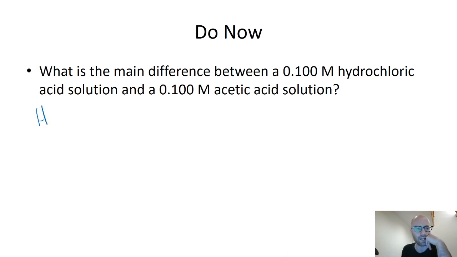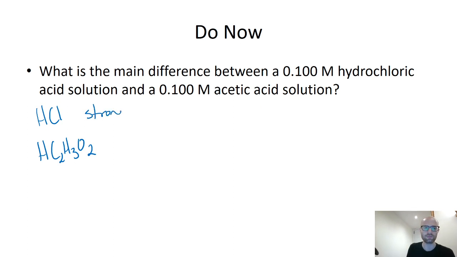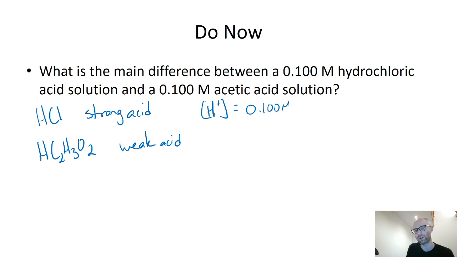So clearly one of these is a strong acid, this is a weak acid. Here, the H plus concentration is going to be equal to 0.1 molar. Here, the H plus concentration is going to be something less than 0.1 molar.